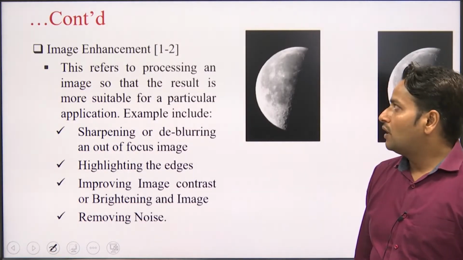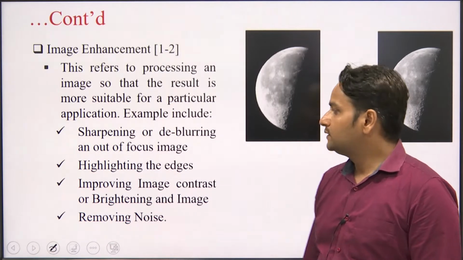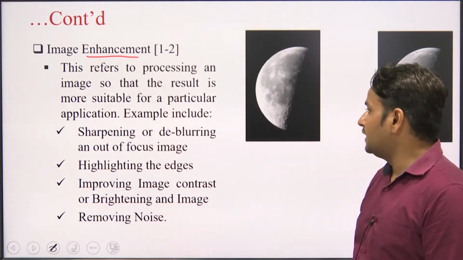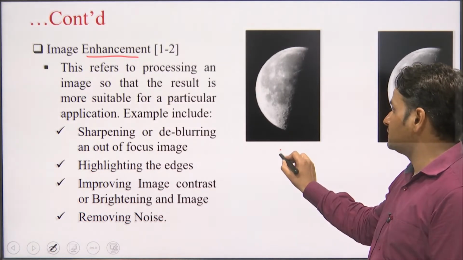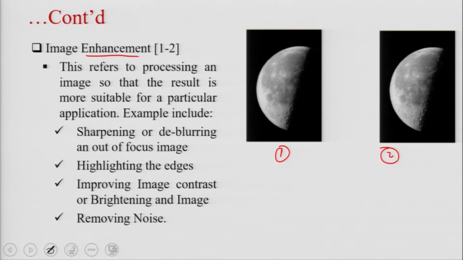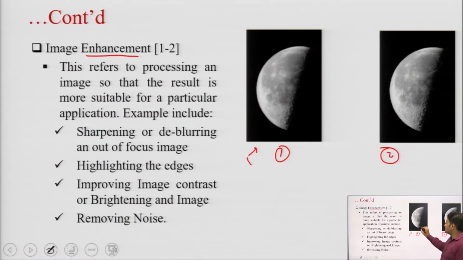Now, if we talk about image enhancement, related to the word image enhancement, you can identify these two images. This is the first image and this is the second image. In the first image, there is a portion which you cannot identify clearly. In the second image, there is a clearer vision of this particular image.